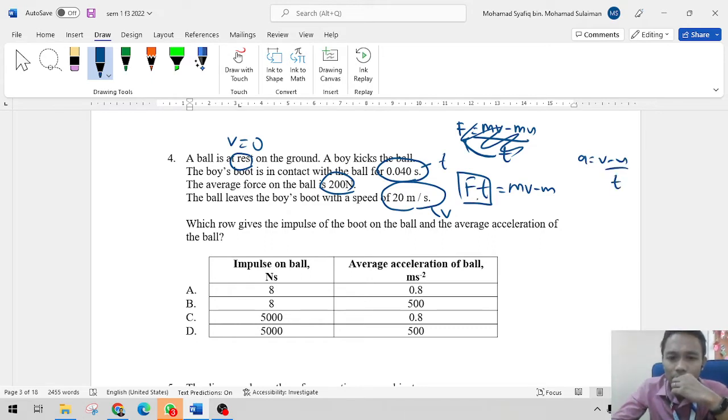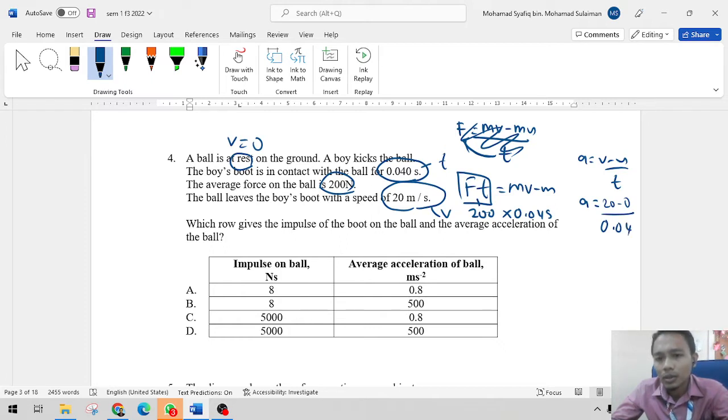So F times t is 200 Newton times 0.04 second, which gives us 8 Newton second. Right, and the acceleration is v, 20 minus 0, over 0.04. This will give us 500 meter per second squared.